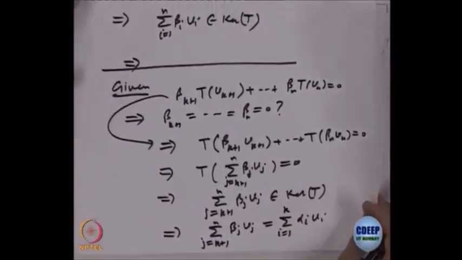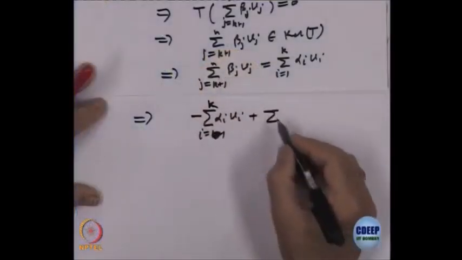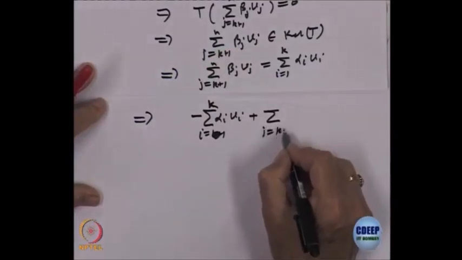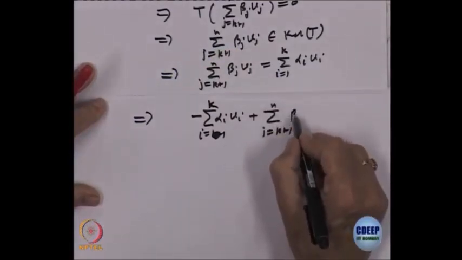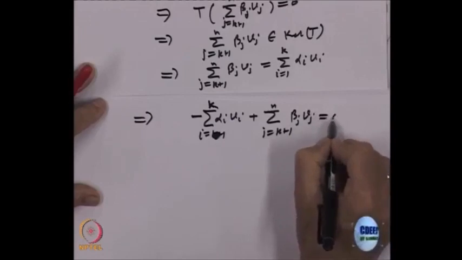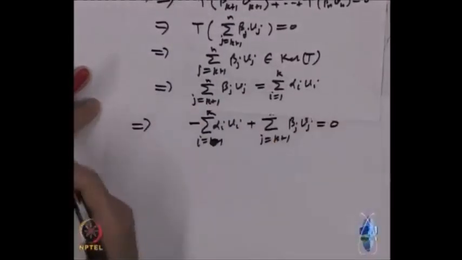So, what does that imply? Minus sigma alpha_i v_i, i equal to 1 to k, plus sigma beta_j v_j, j equal to k plus 1 to n, is equal to 0, everything on one side.